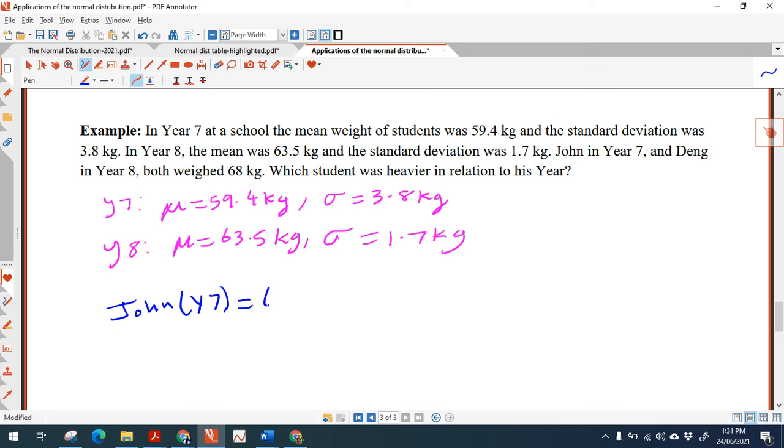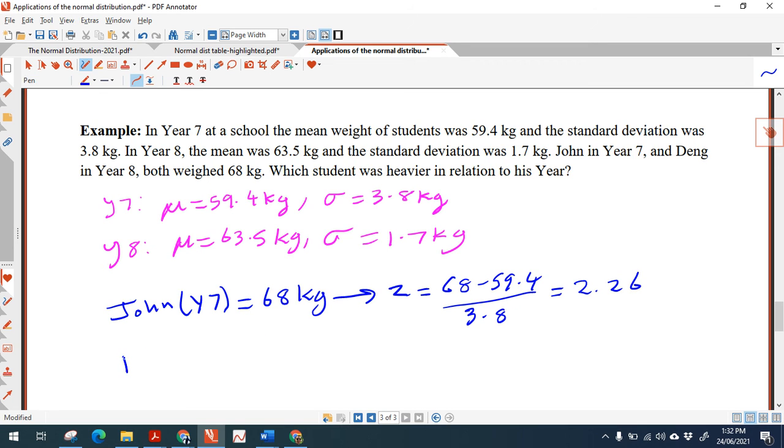Now he weighs 68 kilos. Now what I'm going to do with John is we're going to find out what Z-score he has. So that's going to give me Z is equal to 68 minus 59.4, using my Z-score formula, divided by standard deviation, which is 3.8. That's equal to 2.26. Now then we have Deng.